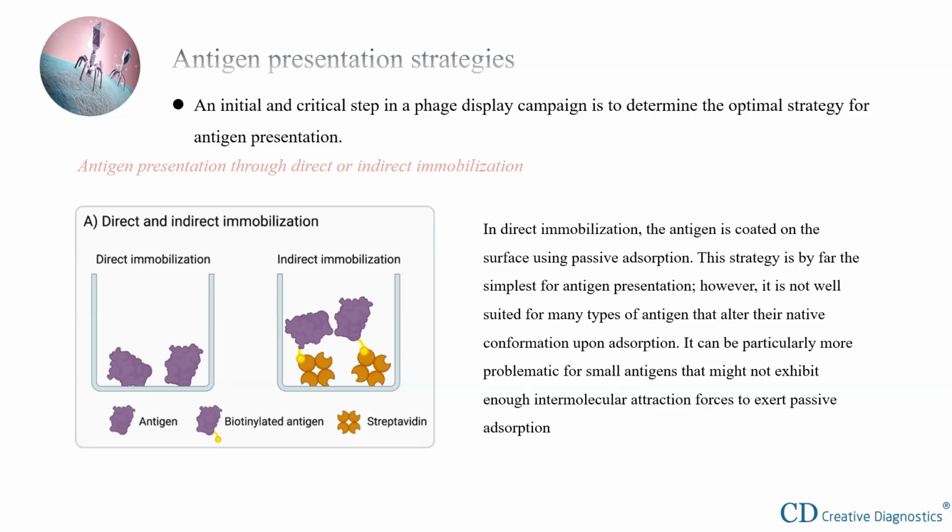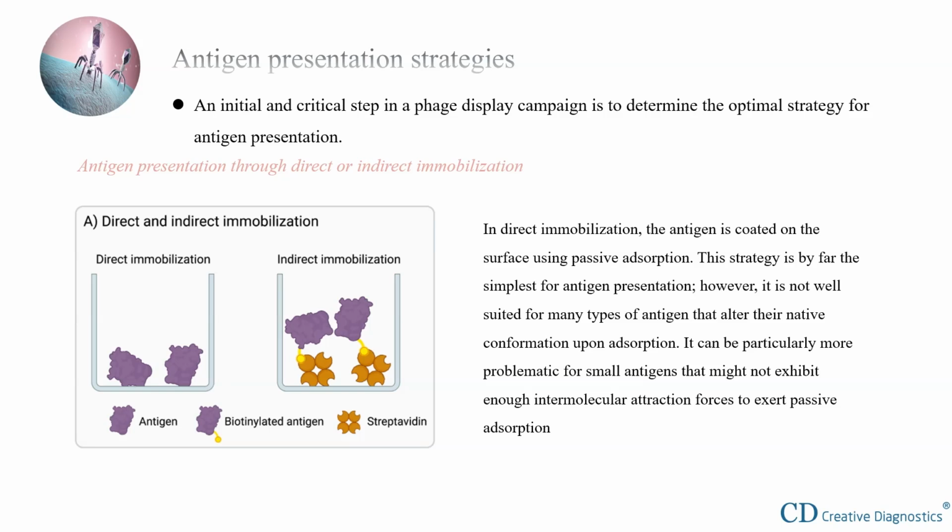In direct immobilization, the antigen is coated onto the surface through passive adsorption. This strategy is the simplest method for antigen presentation. However, it is not suitable for many antigens that alter their native conformation upon adsorption. This is especially problematic for small antigens, which may lack sufficient intermolecular forces for effective passive adsorption.